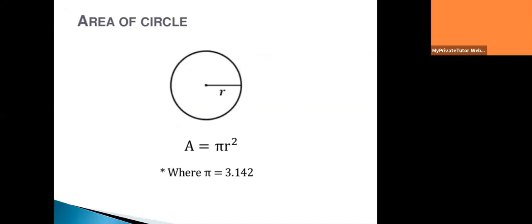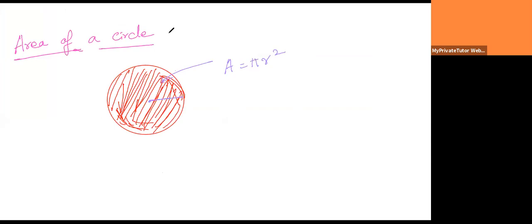Okay, so let's try some questions. Omar, if you want to interact with me, please do that. So how to find the circumference and area of a circle? For example, let's say this is a circle which has a radius of 6 centimeters. What is given?